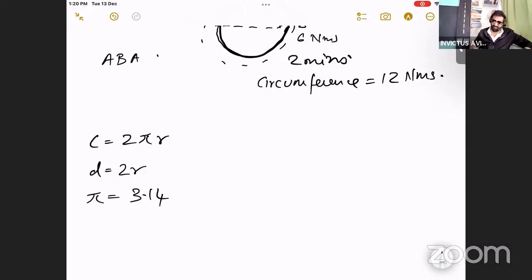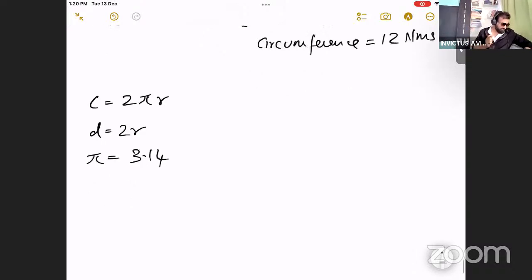आपको diameter पूछा है, right? So एक और फॉर्मूला है circumference का, circumference is equal to pi d also because 2r is d only. So आपको diameter चाहिए इस question में, right? So आप ये formula use कर लो.